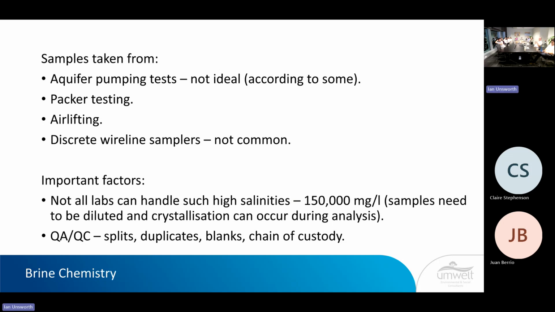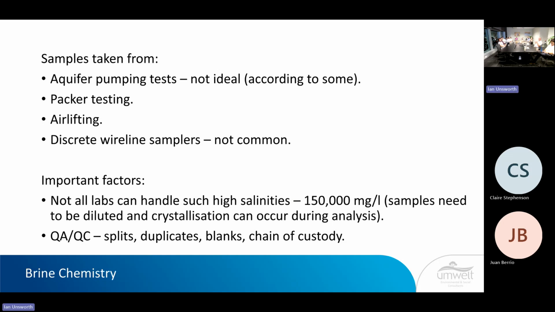I don't know anybody who doesn't do that. Everybody does it, whether they agree with the paper or not, everybody takes samples from the pumps. There's packer testing, airlifting, and discrete wireline samplers, but I haven't seen too much of that.